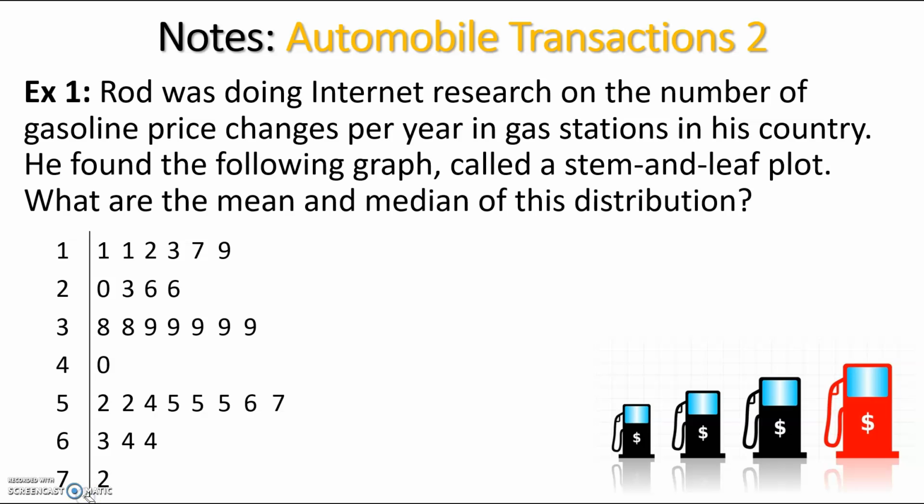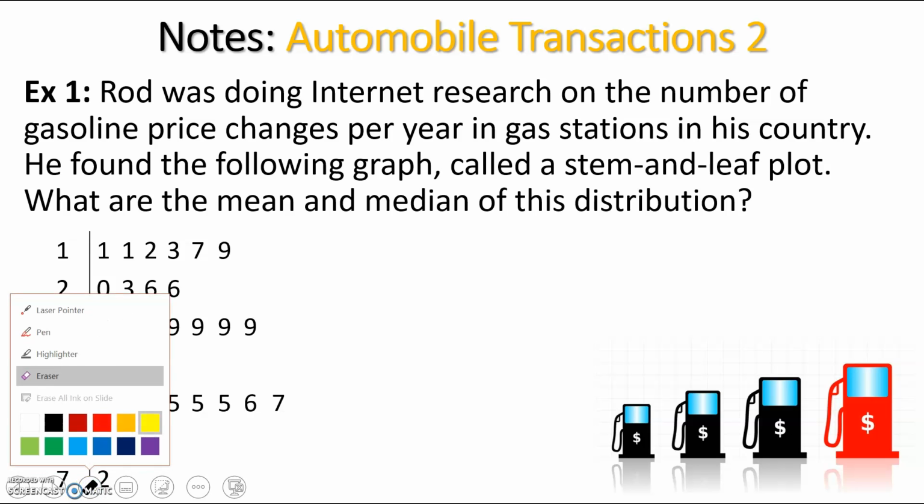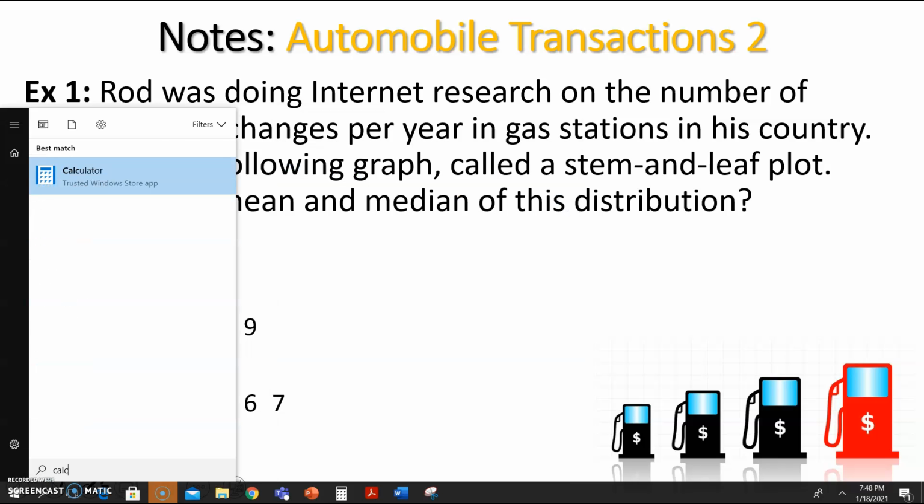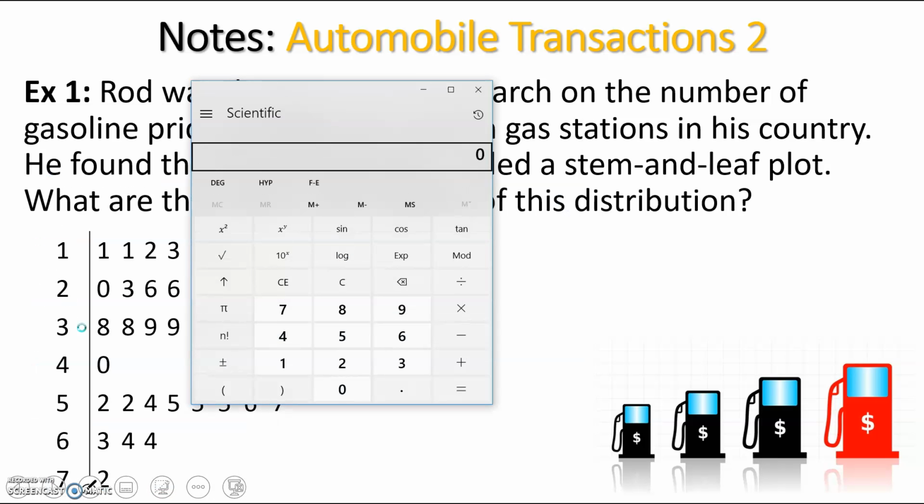So to simplify this process, let's find the sum of each row, and then we will combine all of the rows. So if we look at the first row, we have 11 plus 11 plus 12 plus 13 plus 17 plus 19. I know it seems a bit tedious, but we'll use a calculator.